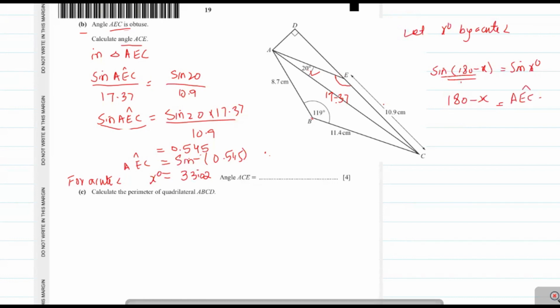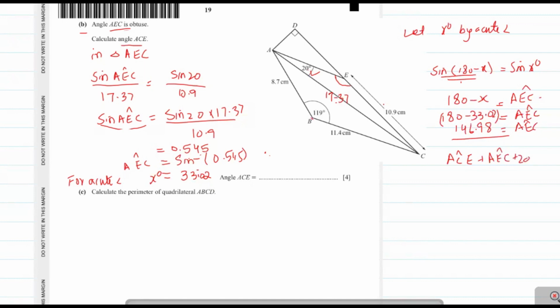Therefore, AEC will be equal to 180 minus 33.02. This is the AEC angle, and this value equals 146.98. This is the obtuse value.